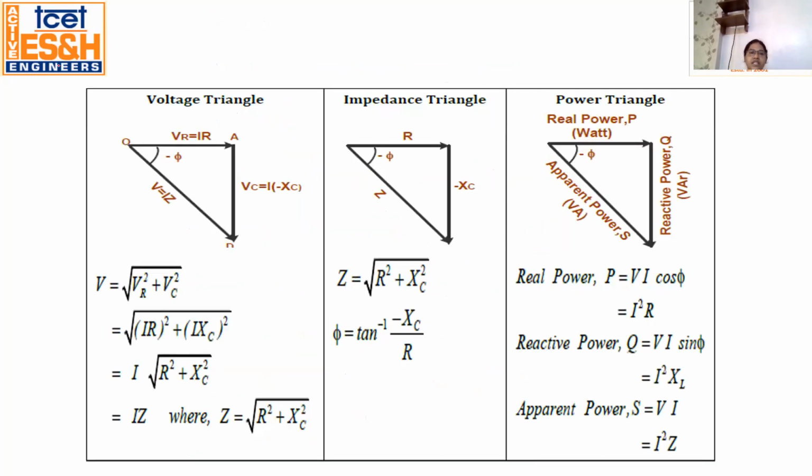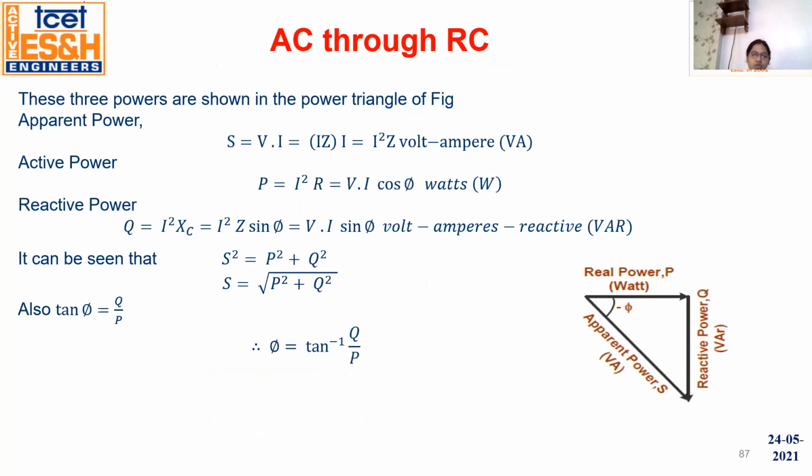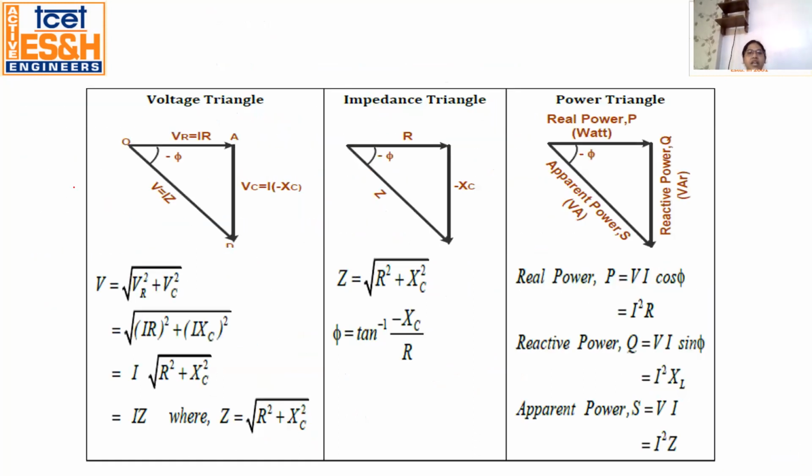Now there are 3 cases in the RC circuit also. We have the voltage triangle, impedance triangle and power triangle. In the voltage triangle, what do we have? The VR voltage is in phase with current, and the VC voltage lags the current by 90 degrees. The combination of VR and VC gives the resultant voltage.